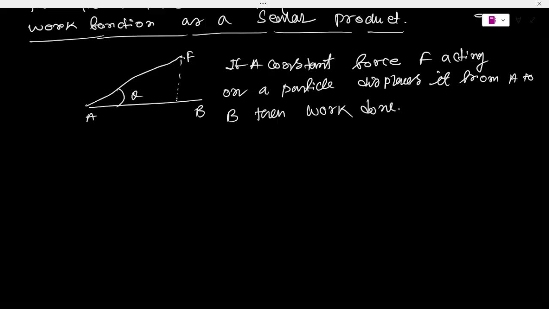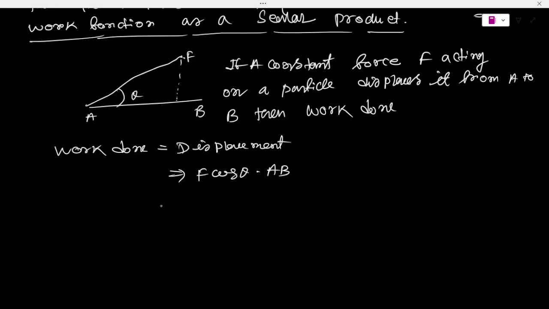work done will be the component along the displacement times the displacement. So it will be F cos theta into AB, that is F vector dot AB vector.